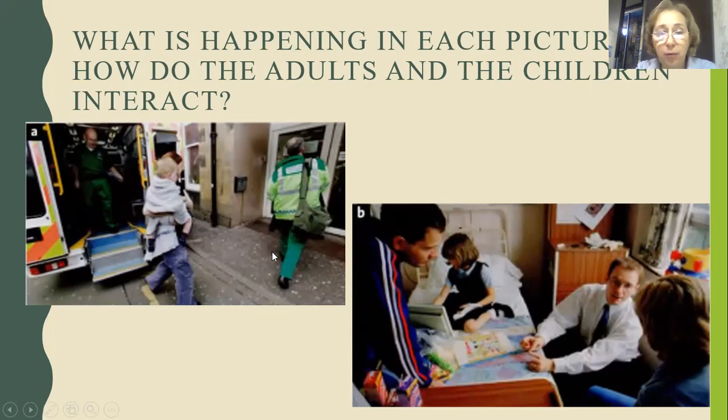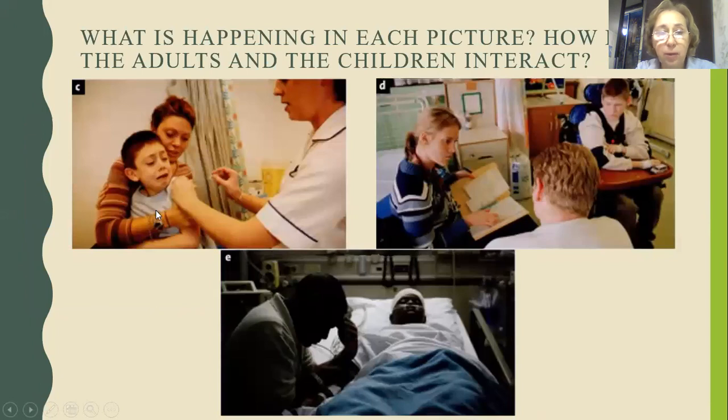Okay, and if we move to the next slide, let us look at picture C. What is happening here in picture C? The doctor or nurse is injecting. The nurse is injecting, and the child is afraid. Yes. Afraid of a syringe.